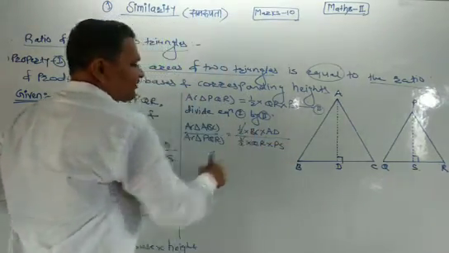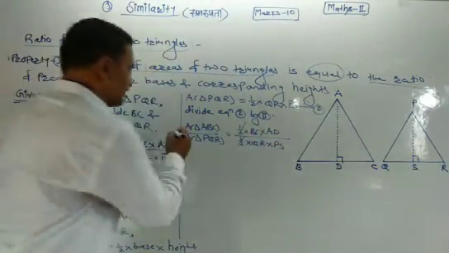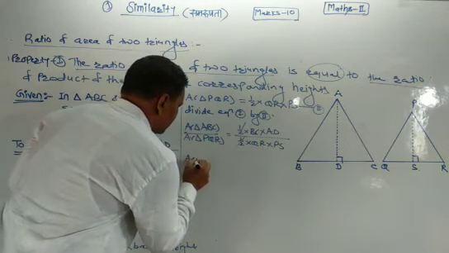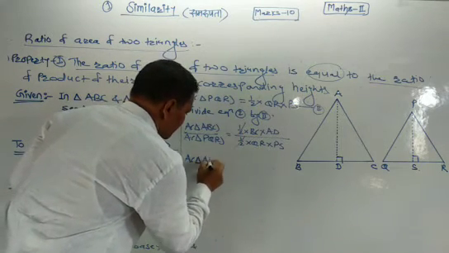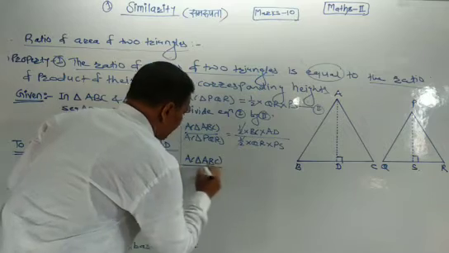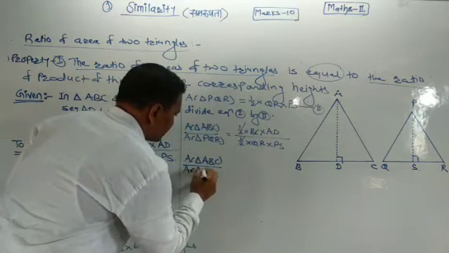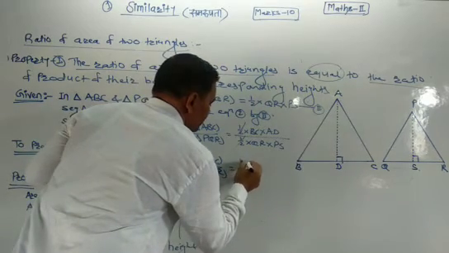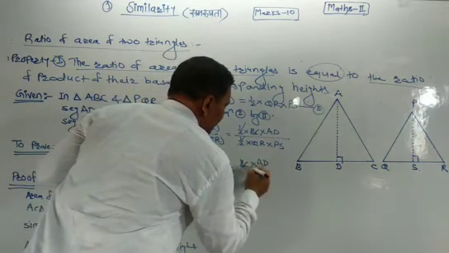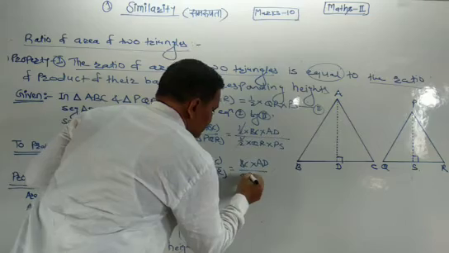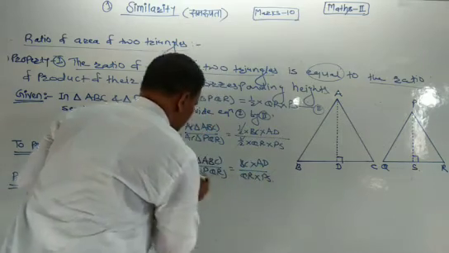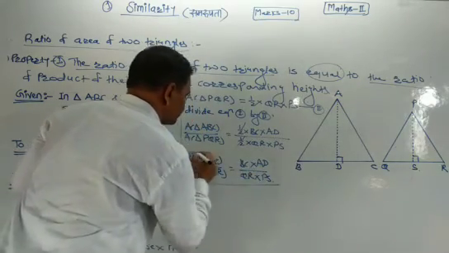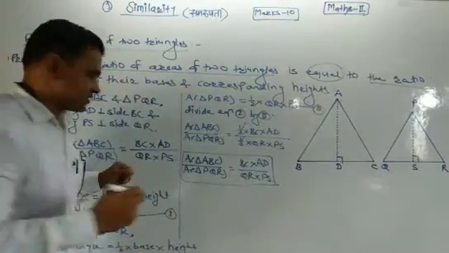Now this half gets cancelled. So area of triangle ABC divided by area of triangle PQR equals BC into AD divided by QR into PS. Understand?